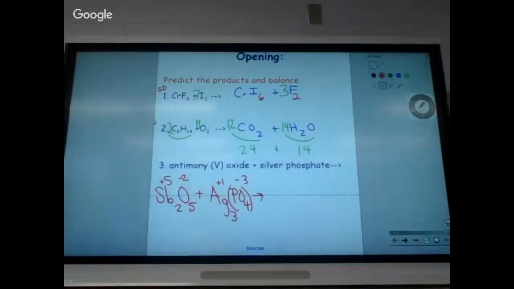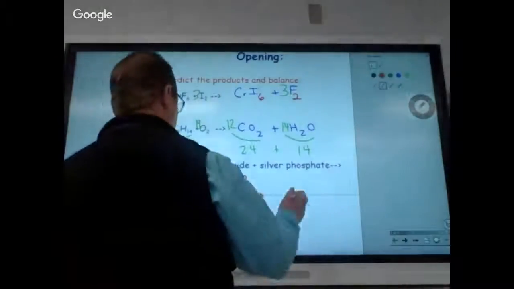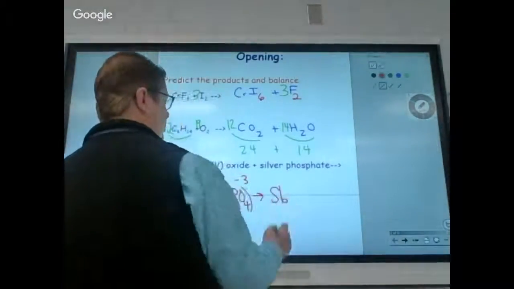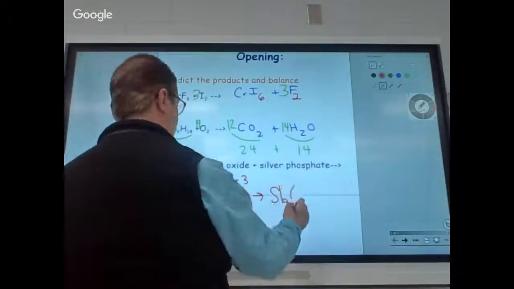Now, I made an assumption there that everybody knew what the equation was. I probably shouldn't have done that. What kind is this? How do we know it was double displacement? It's 2 compounds. All right. Just making sure everybody's with me. So, Ag and Sb is the answer y'all gave. So, Sb will be with who? The PO4.